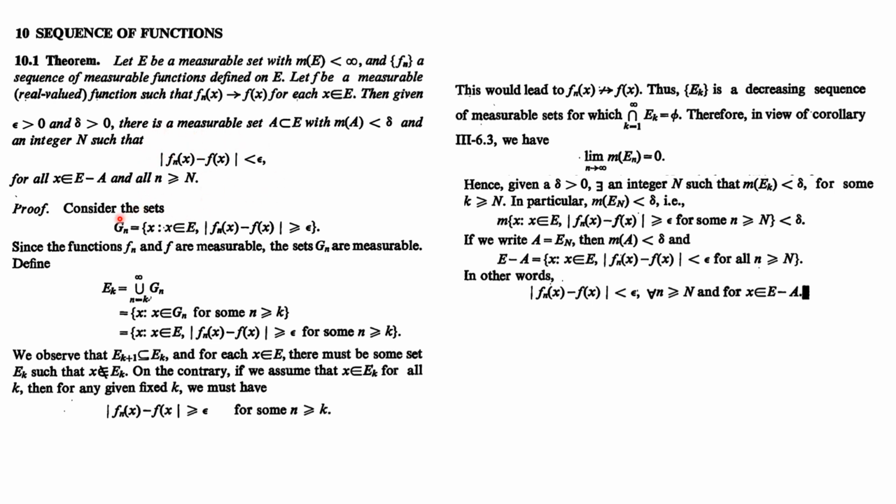Now since f_n and f both are measurable, the difference of two measurable functions is again measurable. So we will get G_n is measurable.